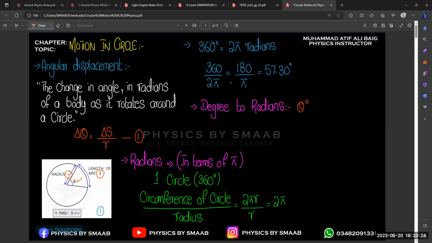Let's suppose this is the given value of theta. It may be anything: 30, 40, 90, 65, or anything. You just need to multiply it by pi by 180. So you will get your answer in radians.